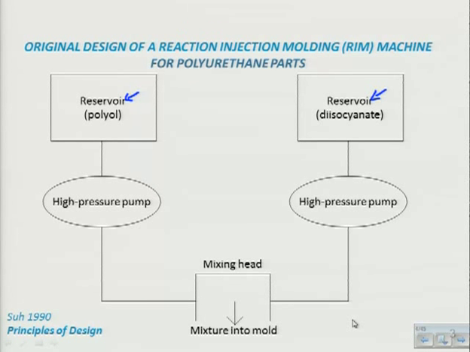So this is a case study that Suh developed in this book. There are two high-pressure pumps that take these two reactants, two components that will then mix in a mixing head and get injected into a mold and then form some sort of polymer part. It's called reaction injection molding because it starts reacting once they get together.